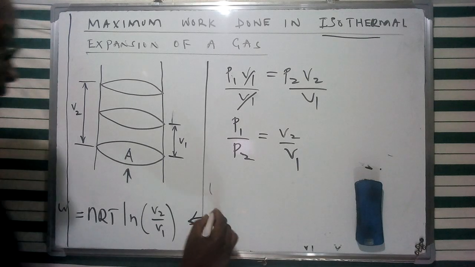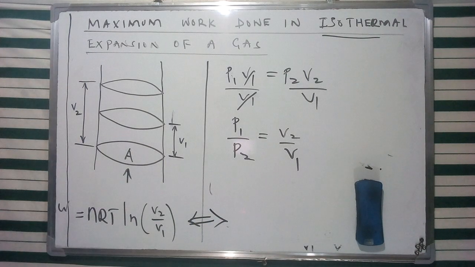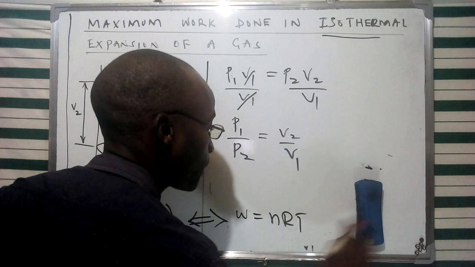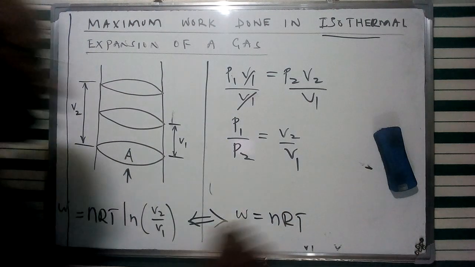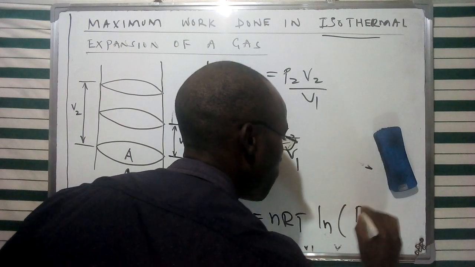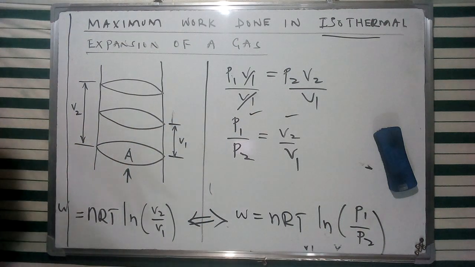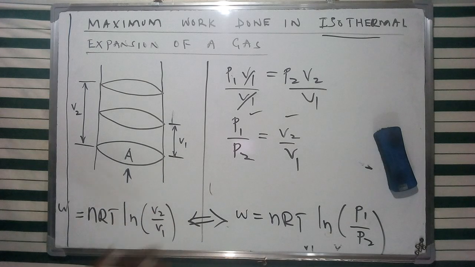So we can describe this work alternatively using pressure at constant temperature as W equals nRT times the natural log of pressure 1 over pressure 2.